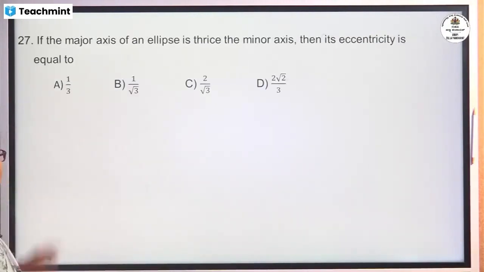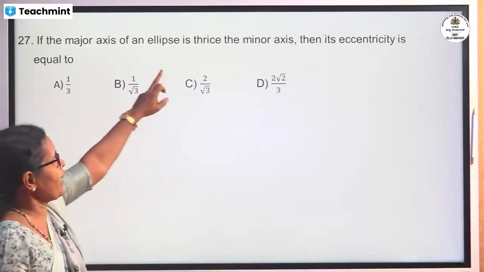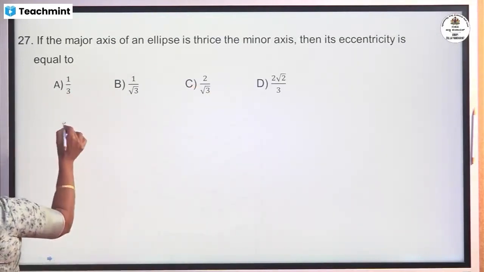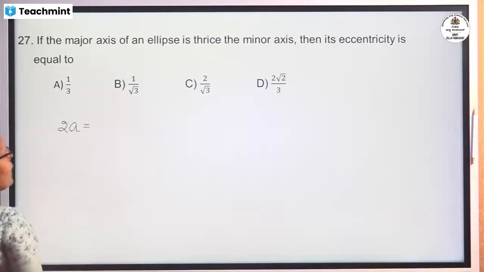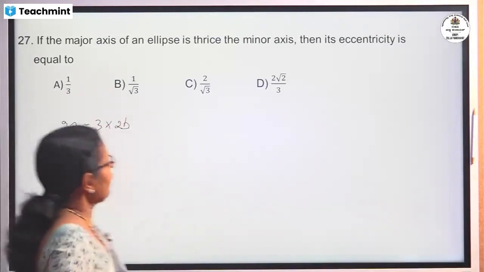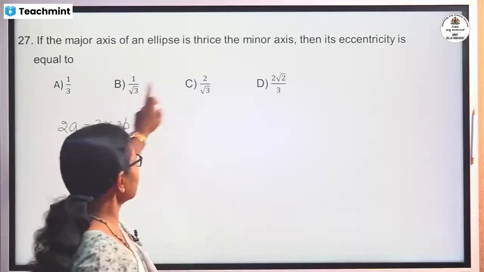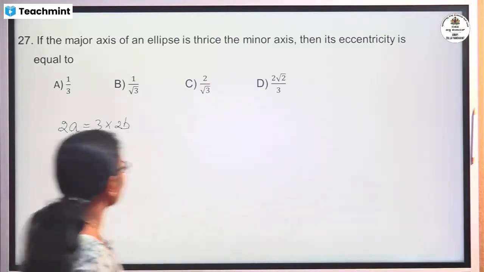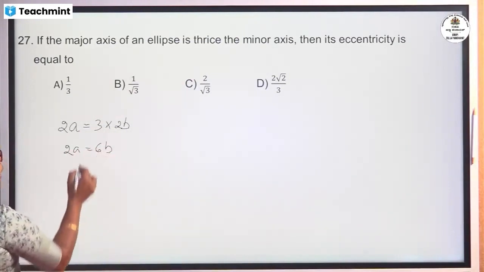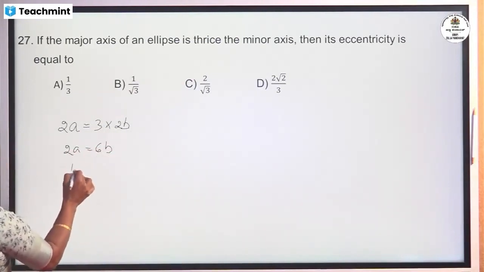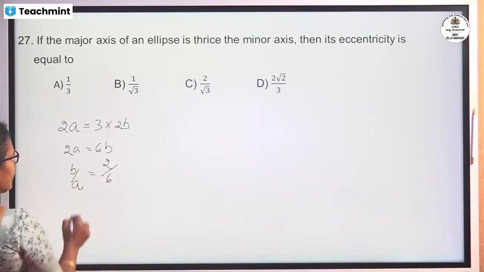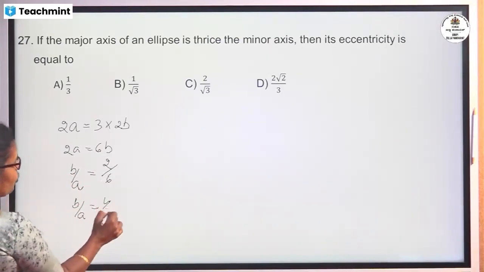Next, if the major axis of an ellipse is thrice the minor axis, that is 2a is equal to 3 into 2b, then eccentricity. Here 2a is equal to 6b, or b by a is equal to 2 divided by 6. b by a is equal to 1 by 3.